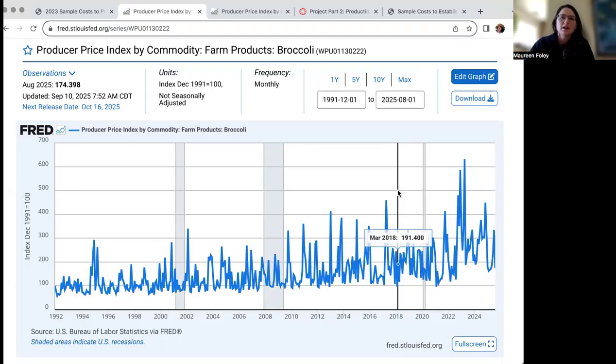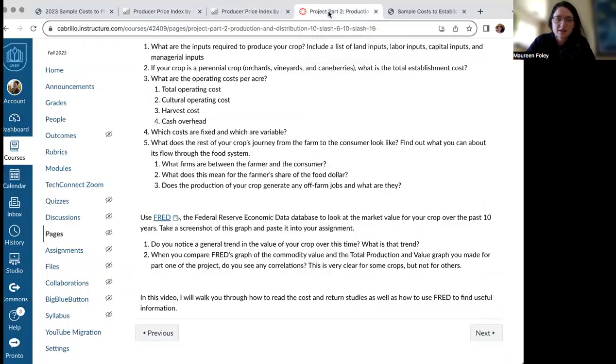So I want to see if you can compare them and see any correlation at all. And like I said, it's not the case for every commodity. If it's not the case, then say that it doesn't look like there's any relationship there. But if it is, go ahead and make a note of that.